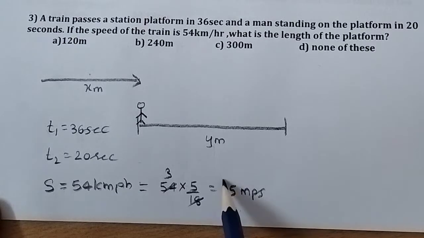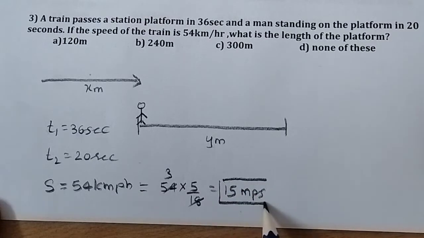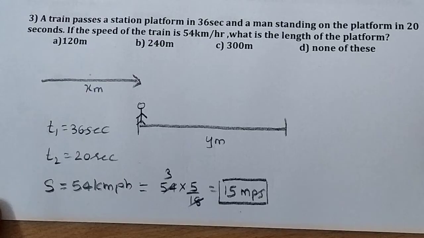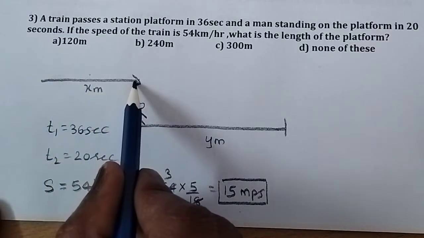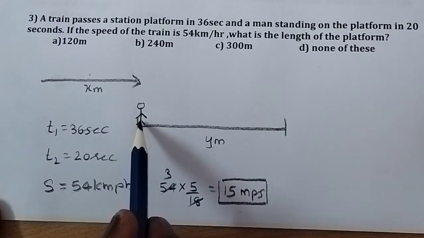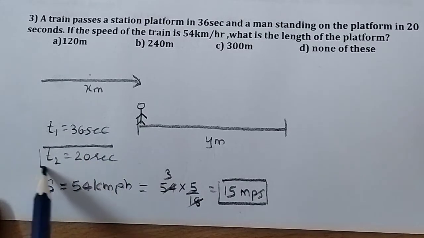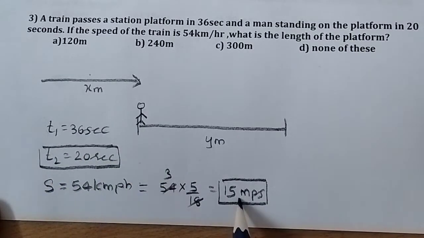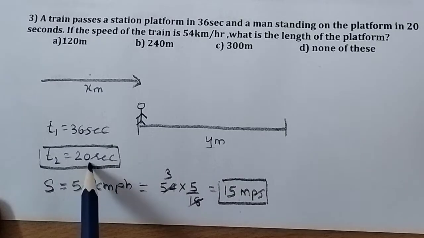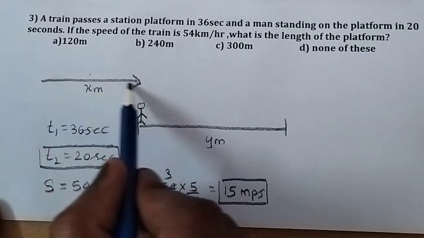Now the speed of the train is available. Try to understand. First I'm going to find the length of the train. See here, this entire train passes this person in 20 seconds. From these two pieces of information, speed and time, I'm going to find the length of the train.